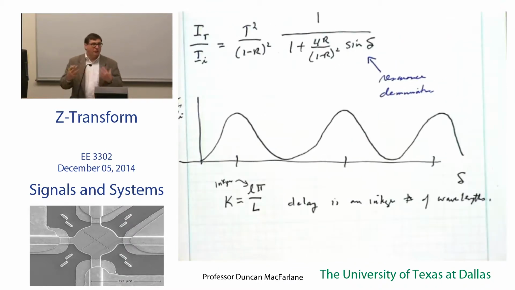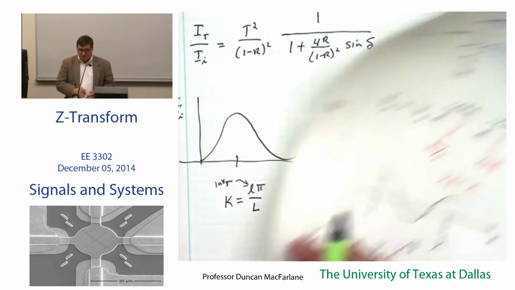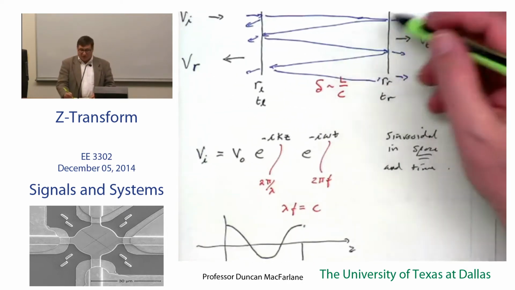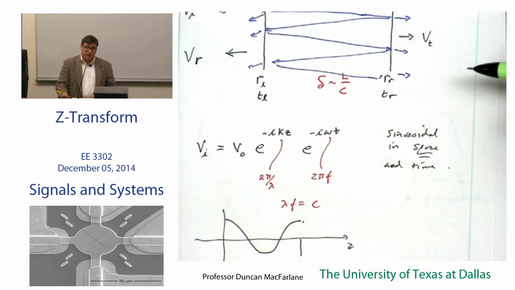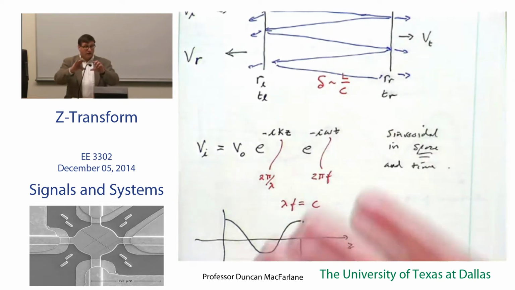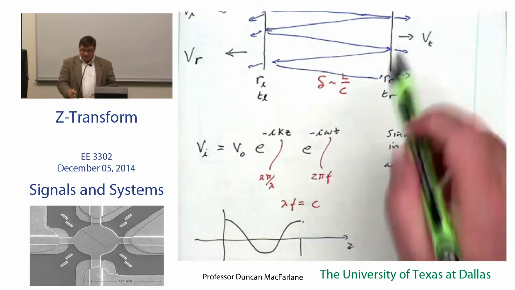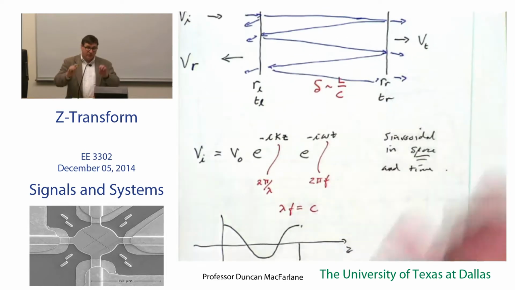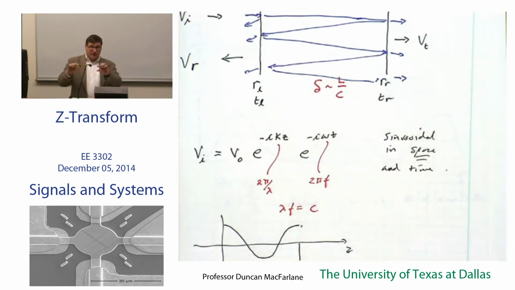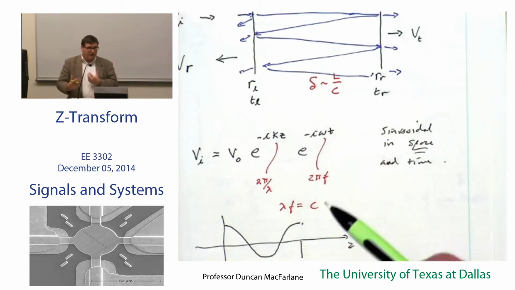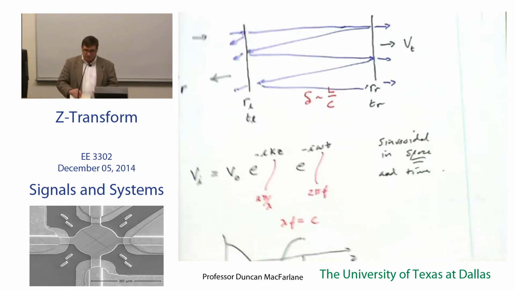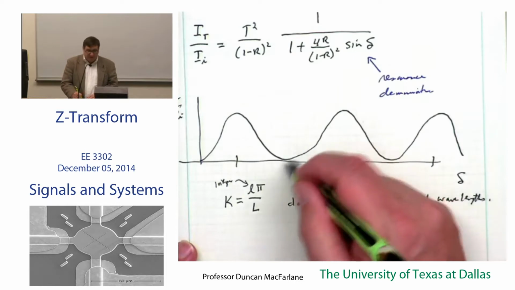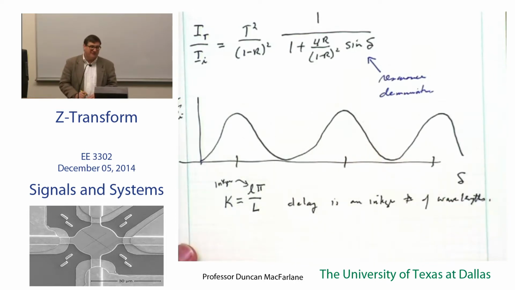So again, what comes through the device is all these waves, sinusoids. The sinusoids are rescaled because of the R's and T's, and then they're shifted over in phase. So whenever they add constructively versus destructively, I'll get nothing out if they cancel.